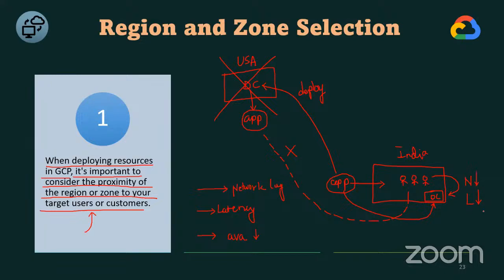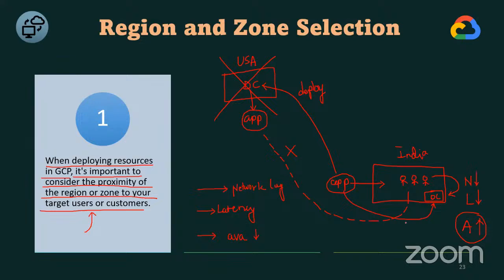Whenever these two are very low, the availability of the application will be very high, so people start using your application more. As soon as you open it, the application opens, the performance is very good and the latency is very low.